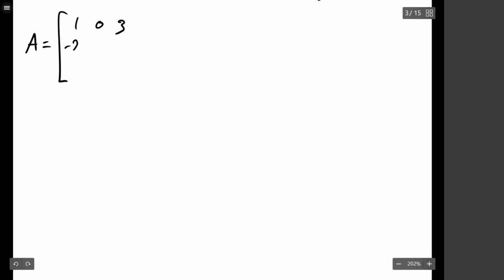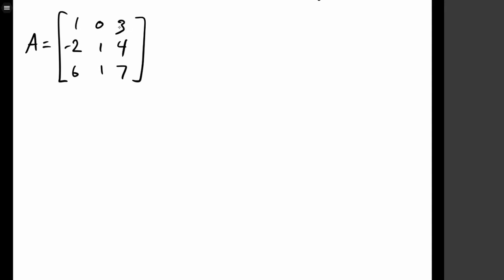All right. So here, let's say we have the matrix A equals [1 0 3; -2 1 4; 6 1 7], let's say. All right, so here's our matrix A. There are 9 minors of this and also 9 cofactors.